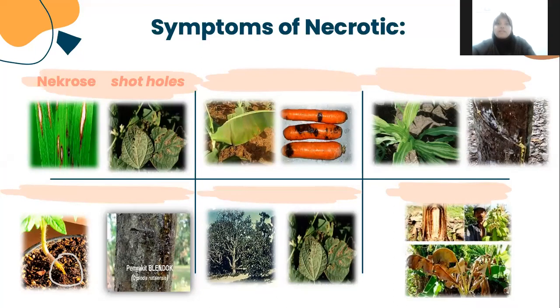For example, potato leaf that is attacked by the fungus Phytophthora infestans. Third, shot hole symptoms. Dead areas are caused by dead tissue collapsing on the necrotic spot of the leaf.